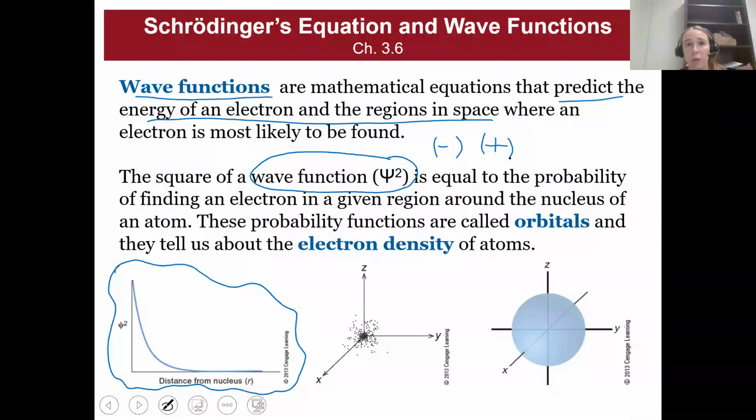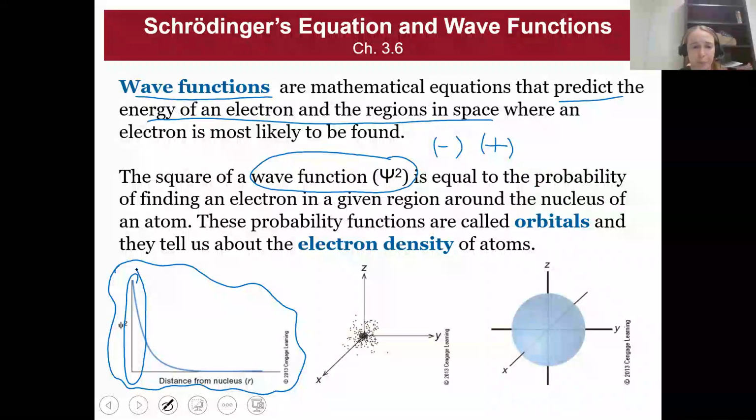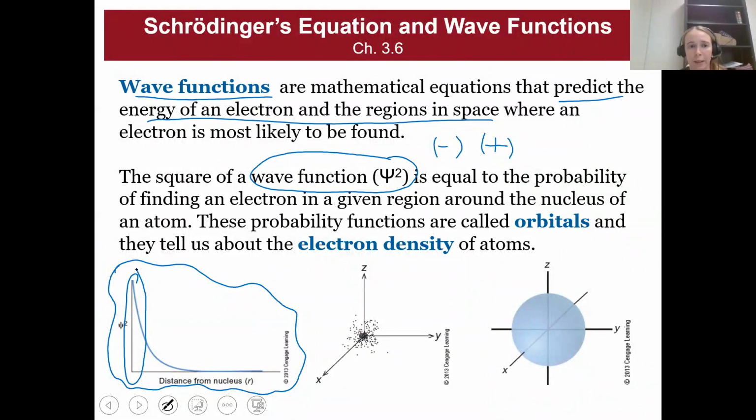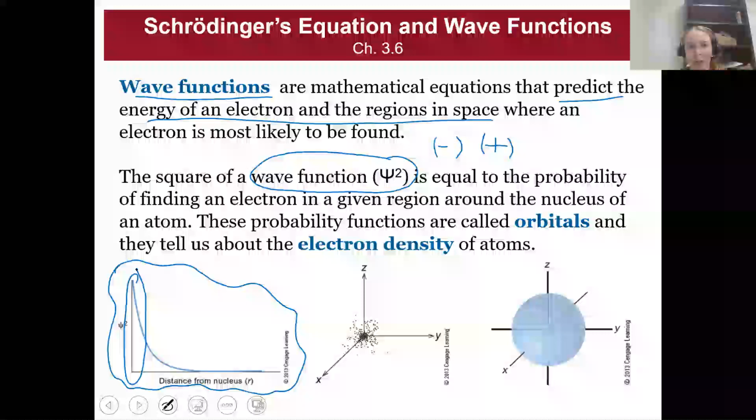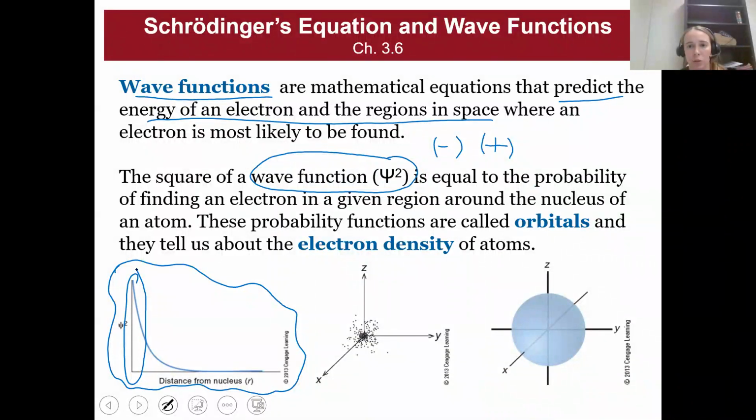So the electron wants to be close to the nucleus. That's why this probability distribution is really high closest to the nucleus. It's most likely that you will find the electron close to the nucleus.